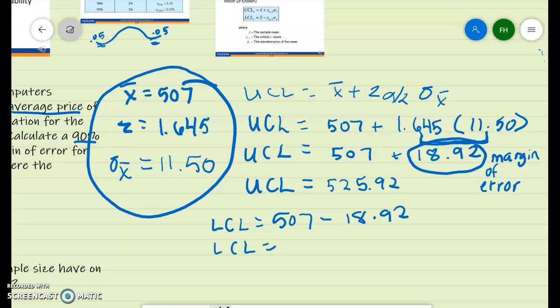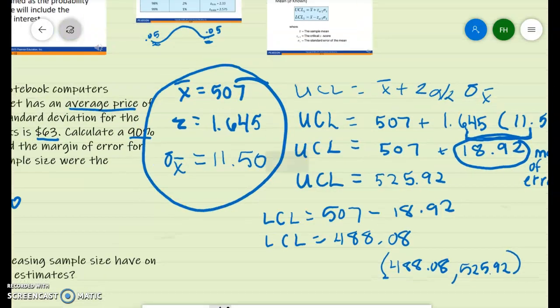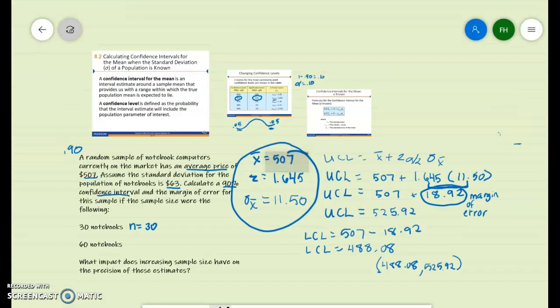So do 507 minus 18.92, and you get 488.08. So if we wanted to write this in an interval, we would have 488.08 all the way to 525.92.